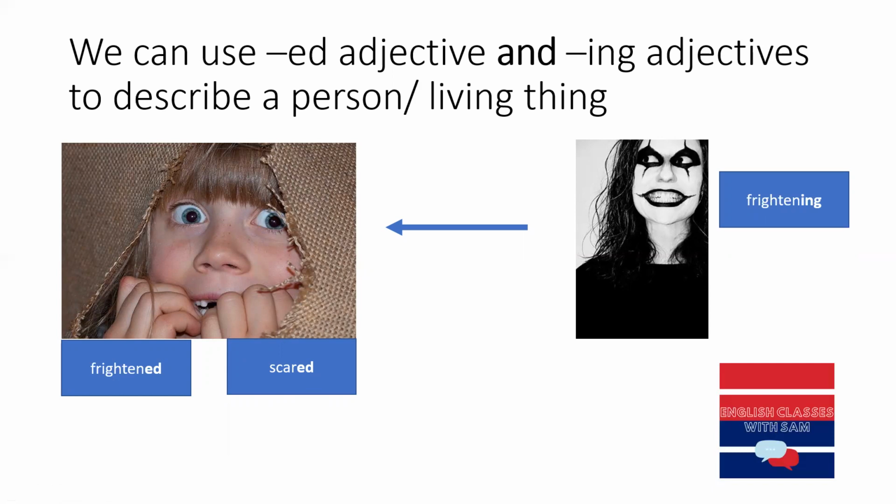Unfortunately not. So it doesn't always work that you can simply change the ED ending to an ING or vice versa. So just keep that in mind. However, once you get the hang of the difference between the ED and ING adjectives, it will click, and I'm sure you'll be describing people and objects and experiences with confidence really soon.